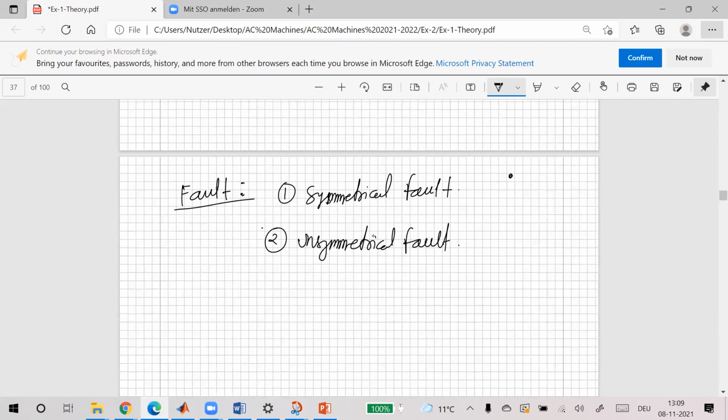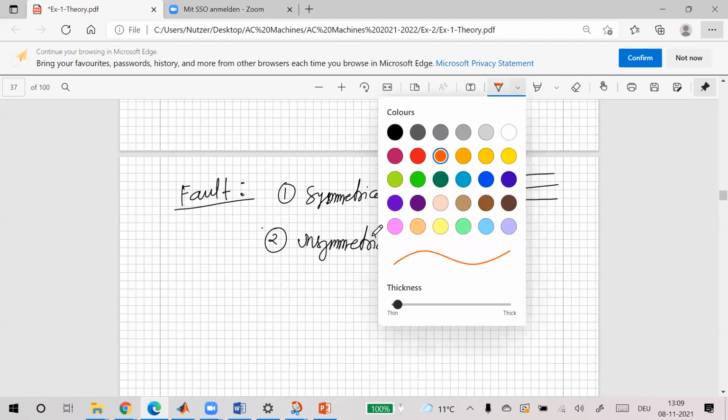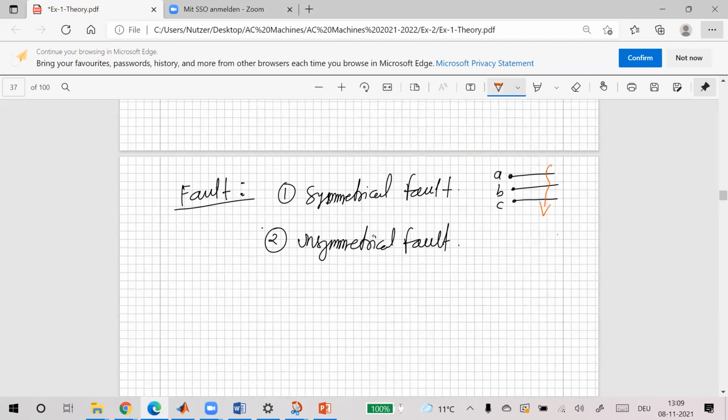When I say symmetrical fault, it means we have a three-phase system and they all are shorted. So this is your A, B, and C, and they all are basically shorted. Let's draw with a red line. Okay, so there is a short in all phases.